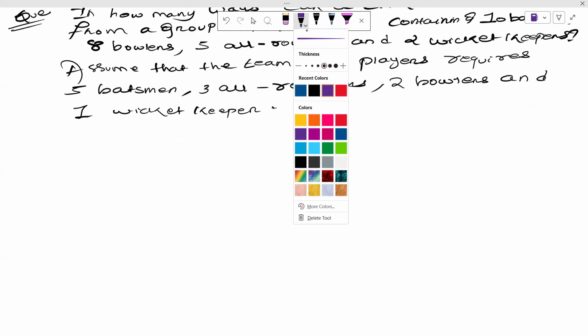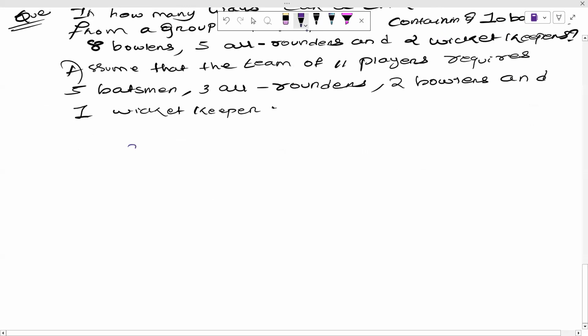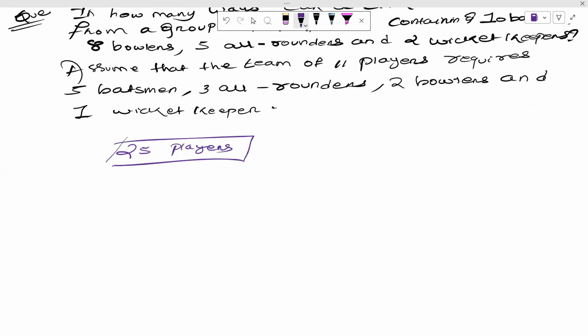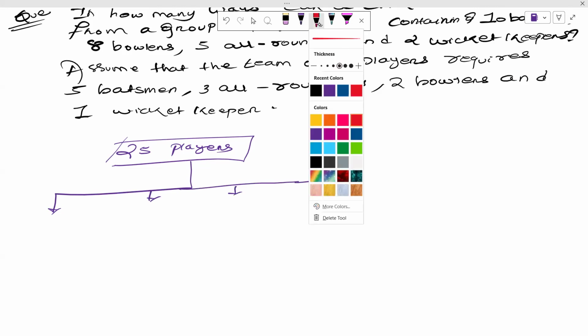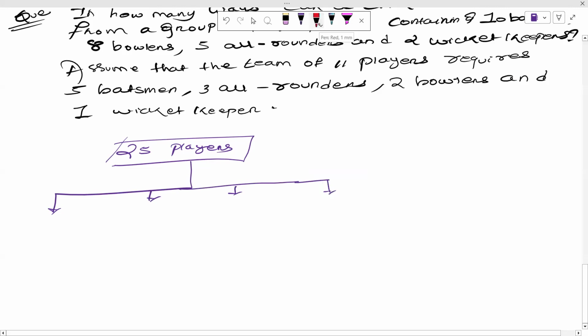According to the question, there are 25 players. Whenever you are reading the question, try to write down the given part. The first one is 10 batsmen.